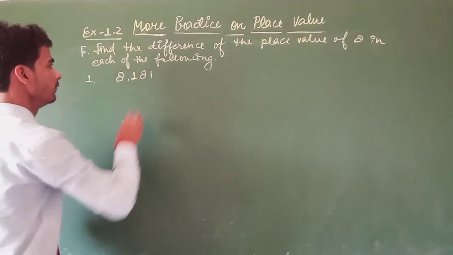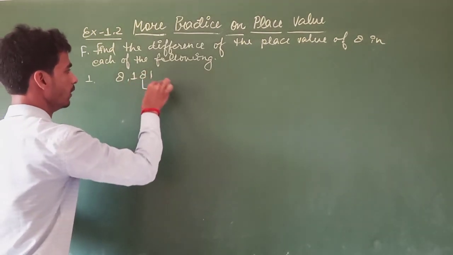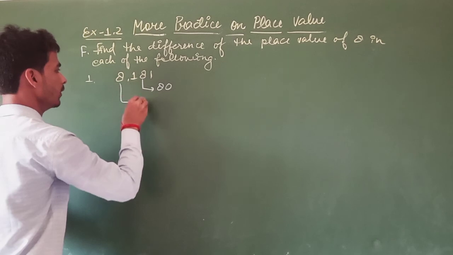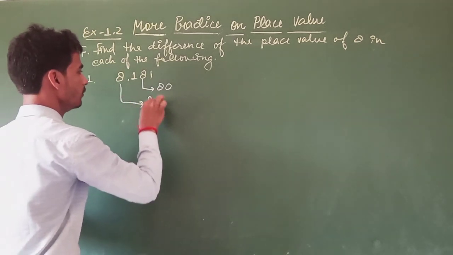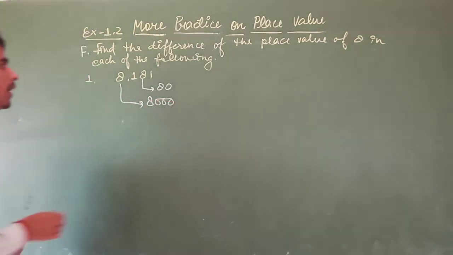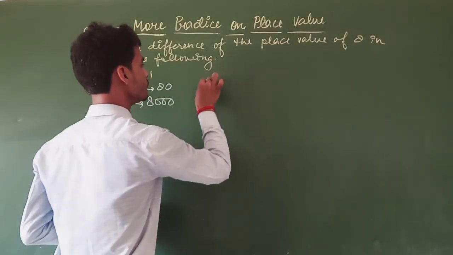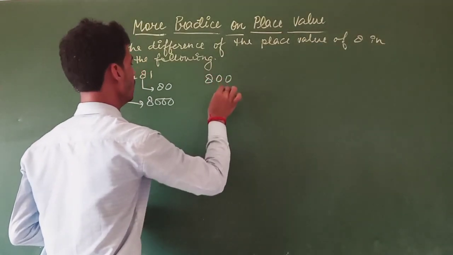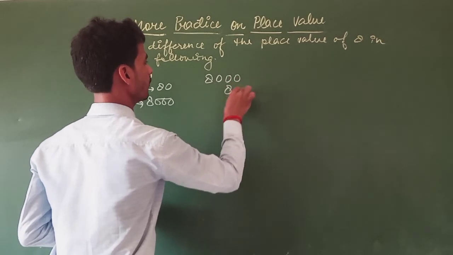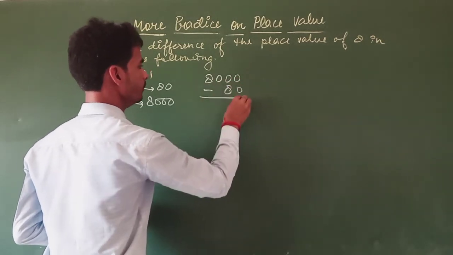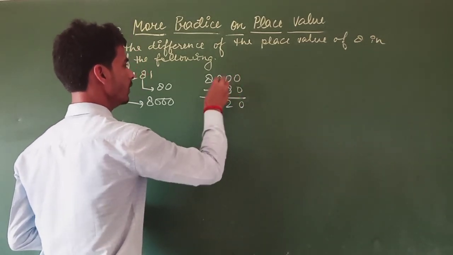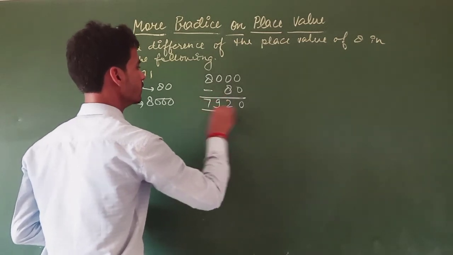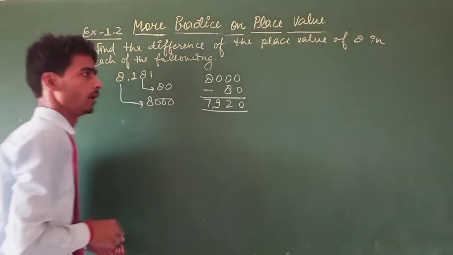Now we have to find the place value, that will be 80, and that is on thousands place, so the place value will be 8000. Now we have to find the difference, so we separate 80 from 8000, that is 7920.